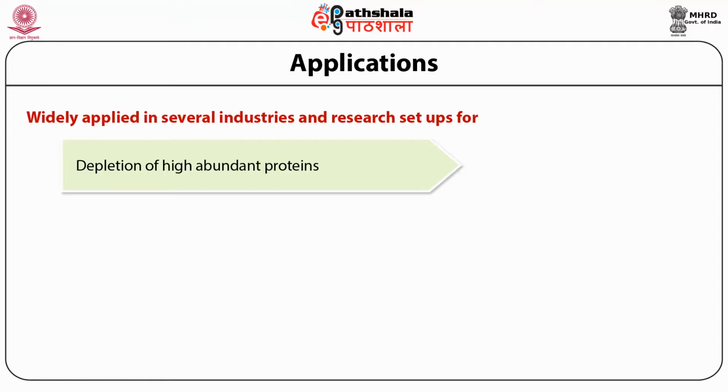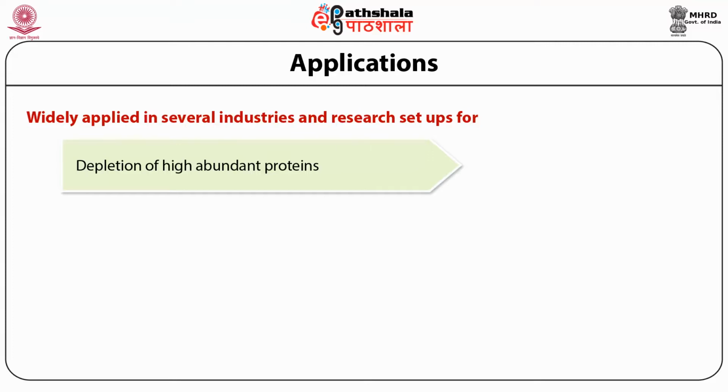They want to find some biomarker. As we know, in serum, albumin is a highly abundant protein which can mask other low abundant proteins. So affinity chromatography is applied to remove albumin from serum samples so that a researcher can focus on low abundant proteins present in the serum.